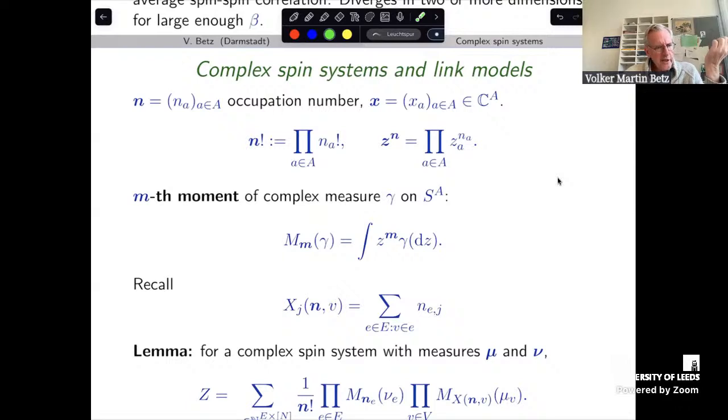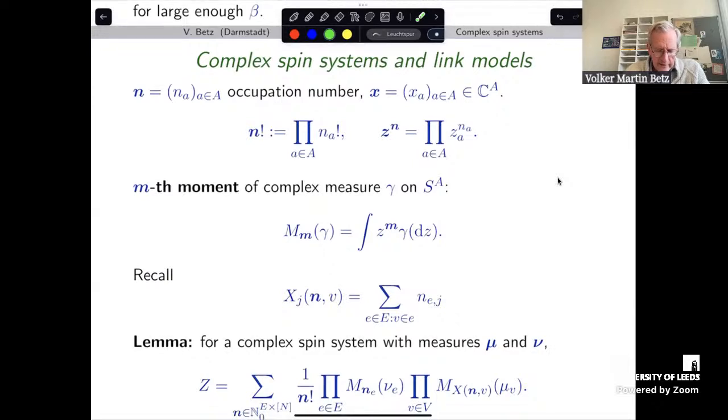So for real measures, usually second moments are never 0 unless the measure is concentrated at 0. So it's really non-trivial. For real measures, even moments are usually not 0, but for complex measures it can be the case.